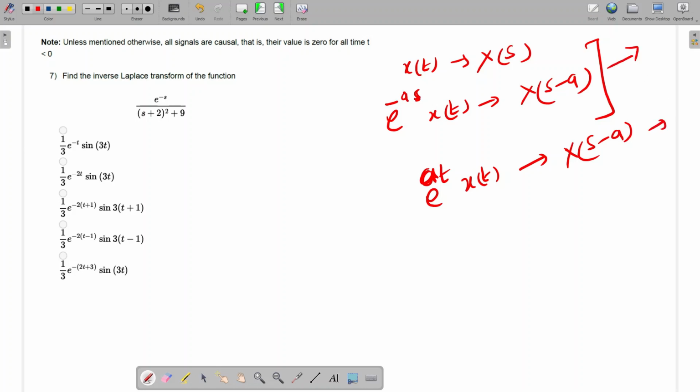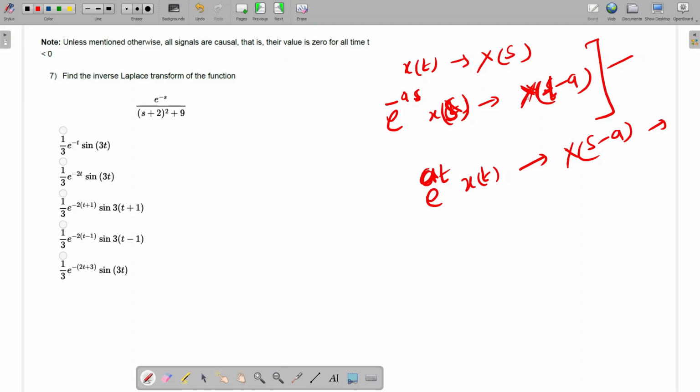See, if in the s domain we have e to the power minus as into X(s), here X(s), so the inverse will be x of t minus a, I think.